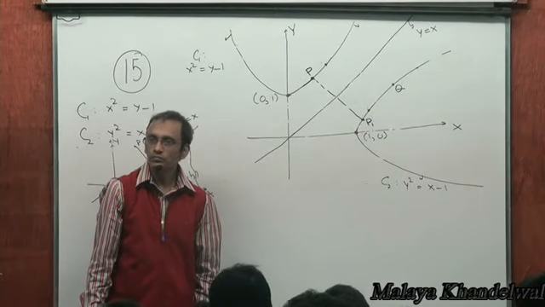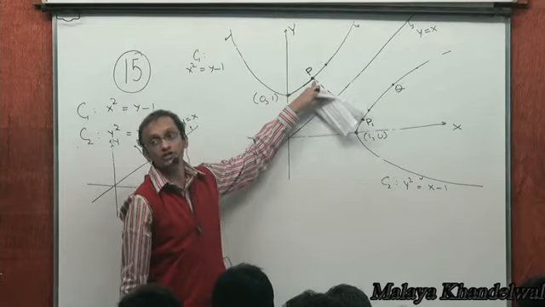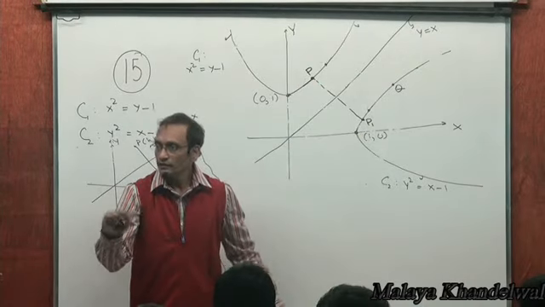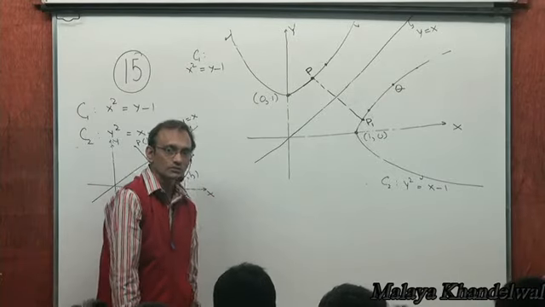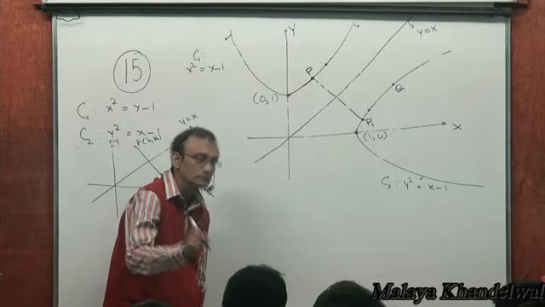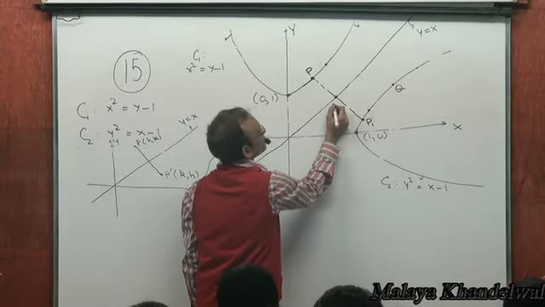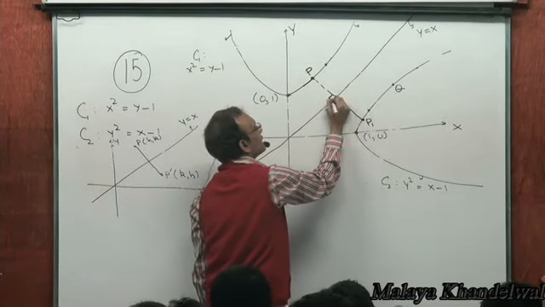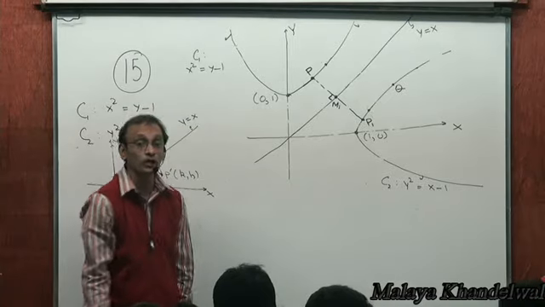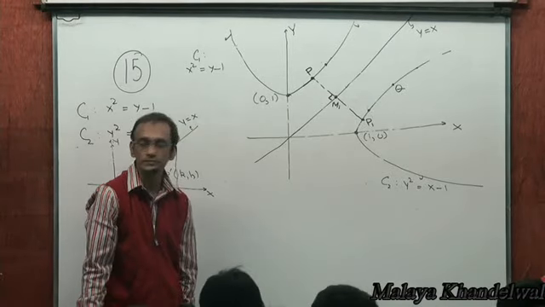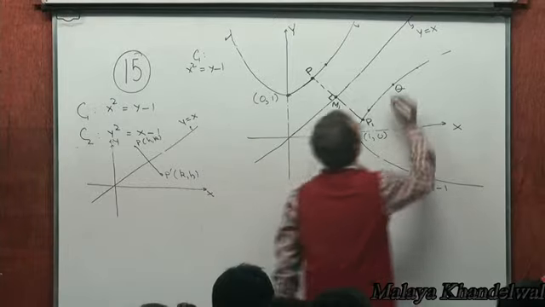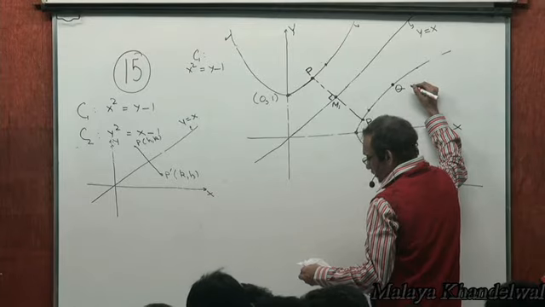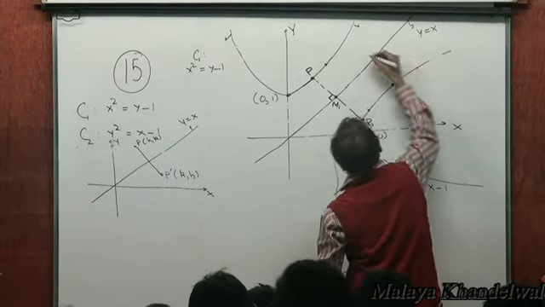The reflection of any point on this curve must lie on the other curve, because the two curves are mirror images of each other. Here PM1 would be equal to M1P1, and the line joining P and P1 would be perpendicular to y equal to x. Now let Q1 be the reflection of Q about y equal to x.